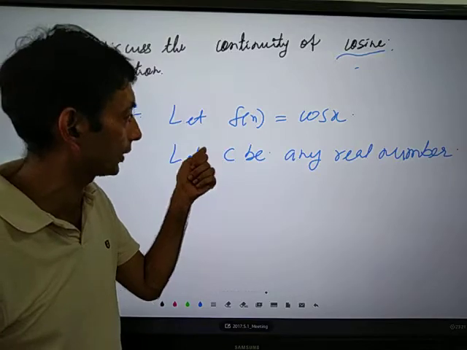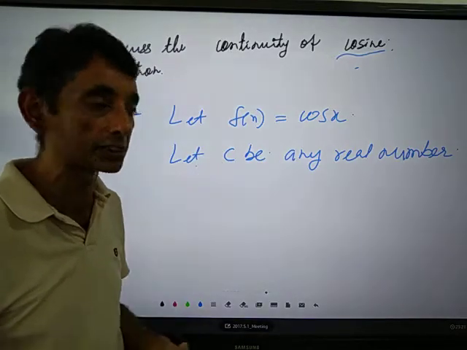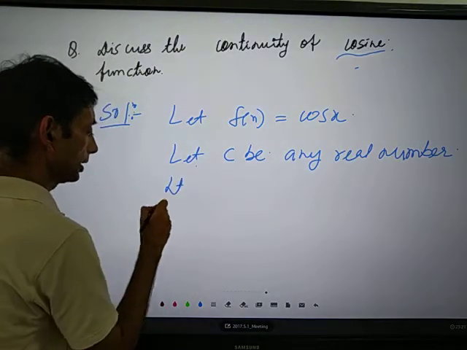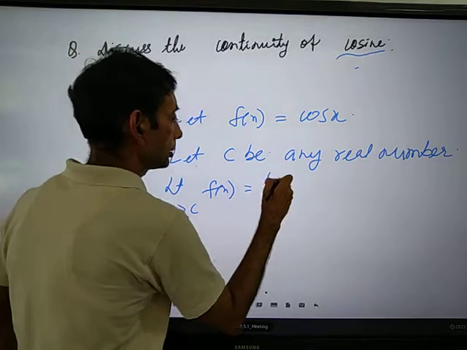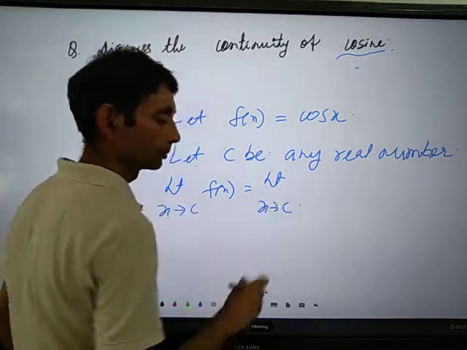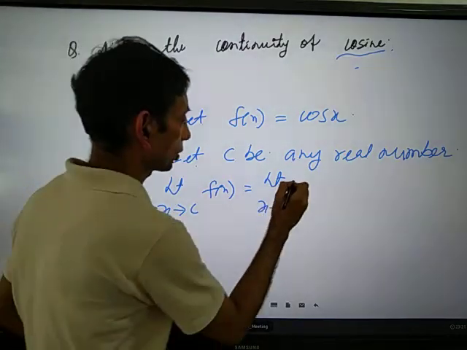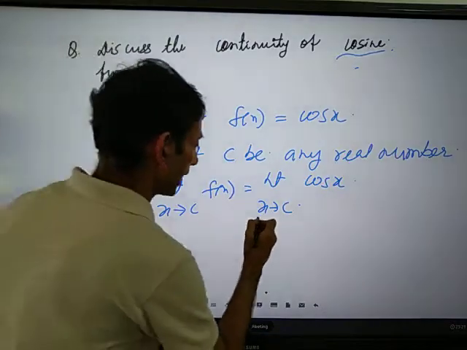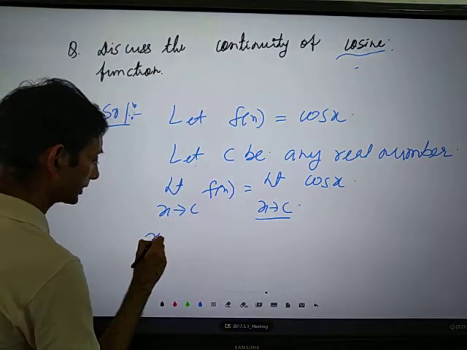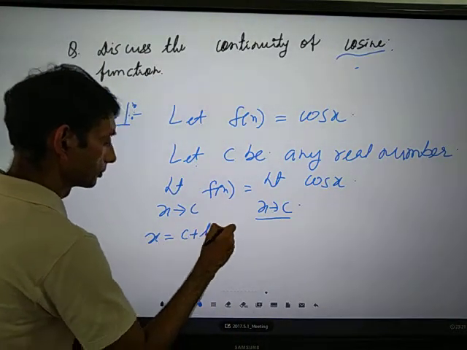We're trying to see the continuity at x equal to c. So, limit x approaches c, f(x), where f(x) means cos x. Then let us assume that x equals c plus h.